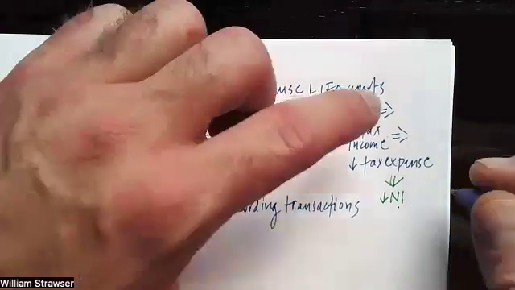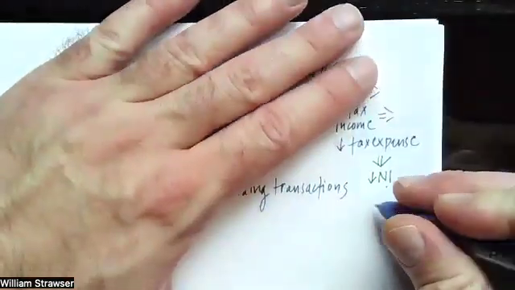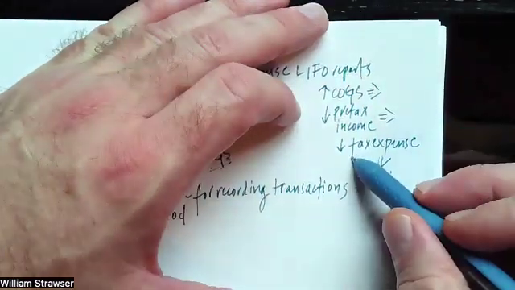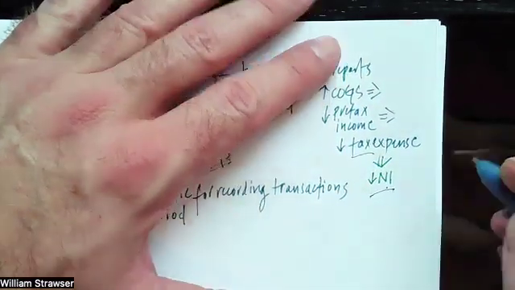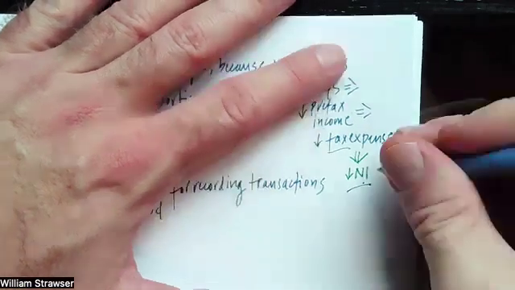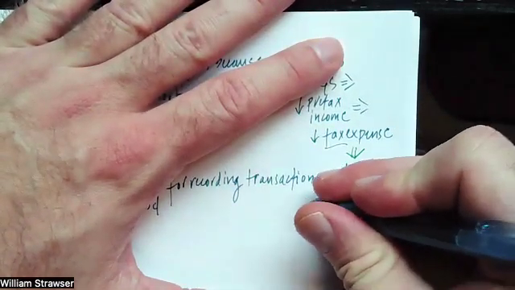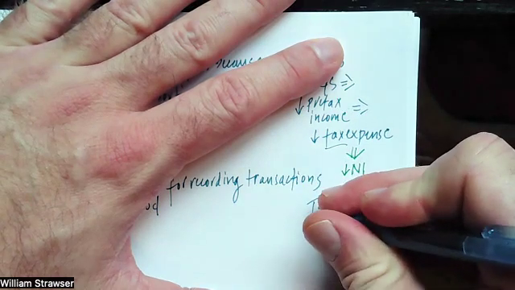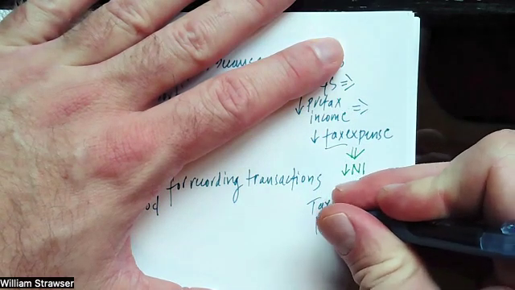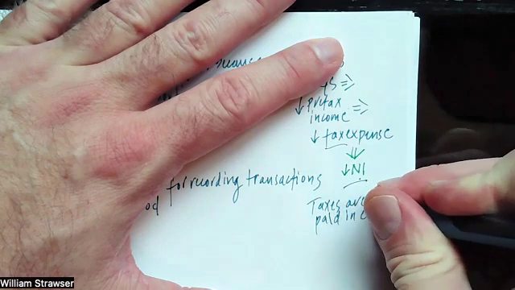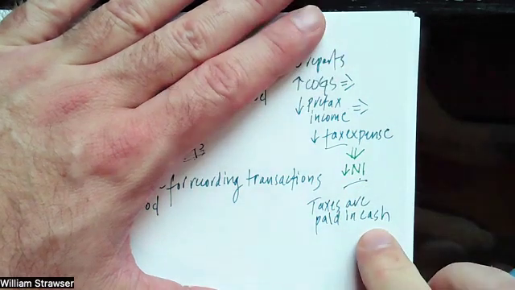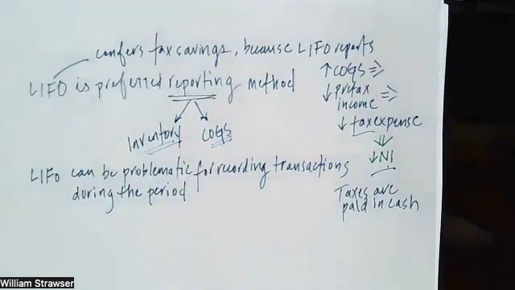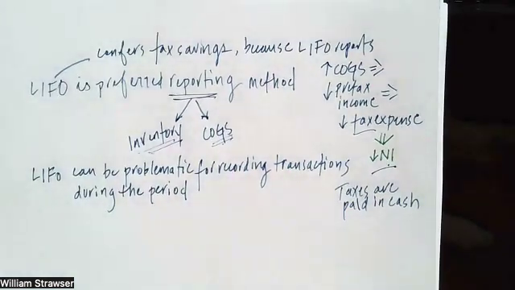So why is it that companies want lower taxes even though it results in lower net income? And the answer is that taxes are paid in cash, and net income is an accrual number. So what companies want is the tax savings today, because money has time value.